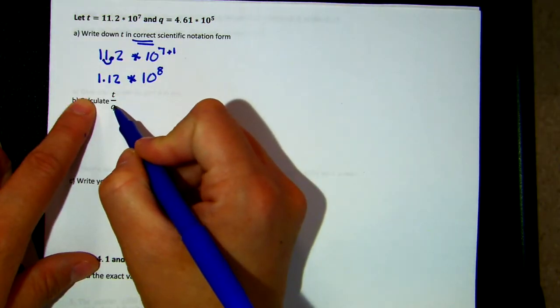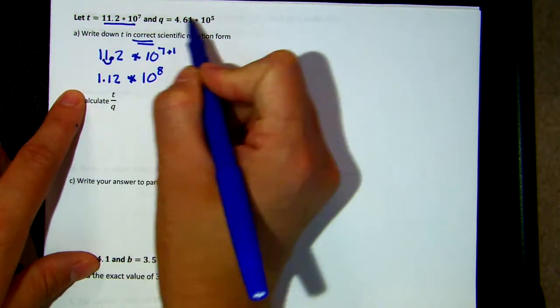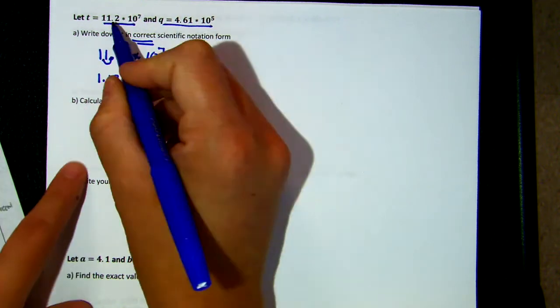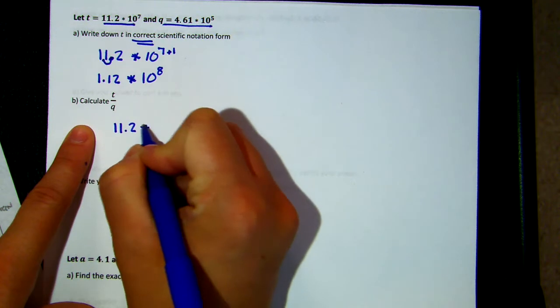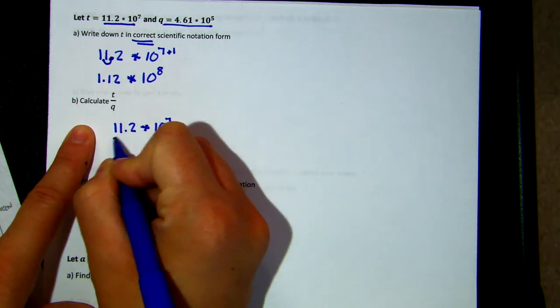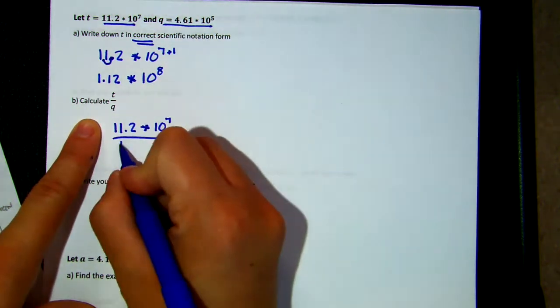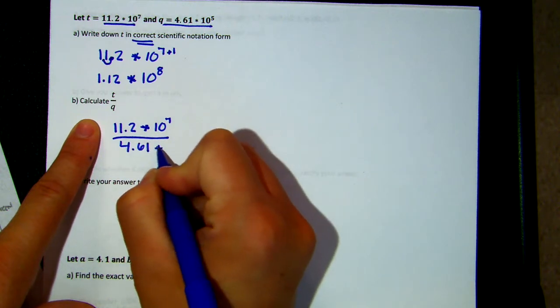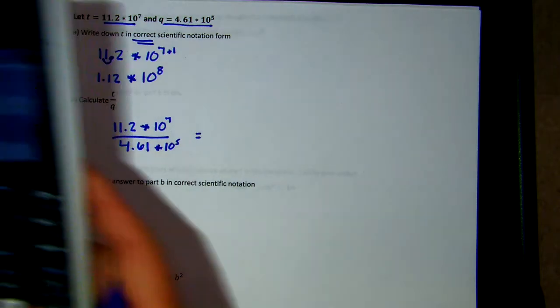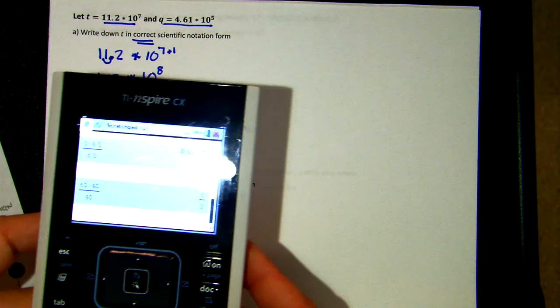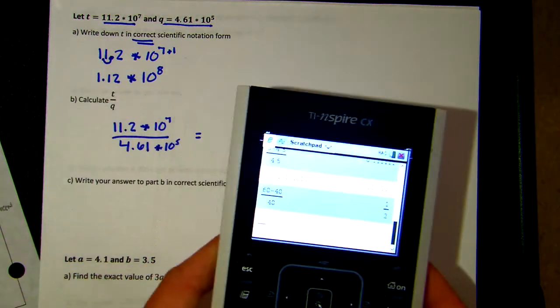Now this says calculate T divided by Q. Okay, so we're going to divide this by this. So T is 11.2 times 10 to the 7th. Q is 4.61 times 10 to the 5th. And I'm going to plug that right in my calculator. It's really, really important that you set up the fraction bar first.